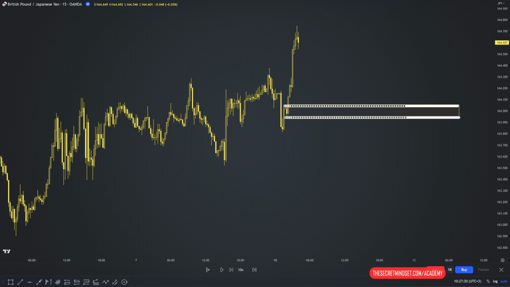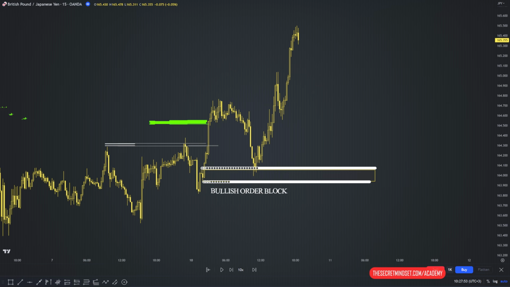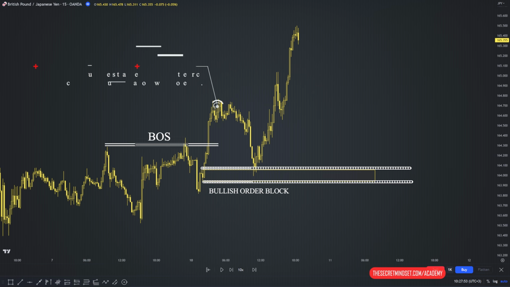In this example, when the price shoots up, creating the order block and forming the BOS, the banks still have a few more buy trades left. To bring the price back into the trading zone, banks may take some profits from their existing buy trades. By doing so, the buy orders that were supporting the price are consumed, resulting in a downward movement.